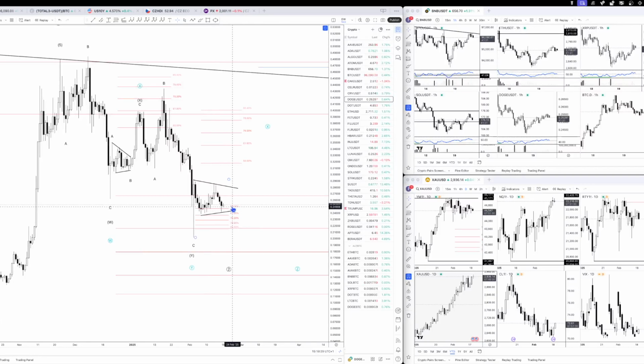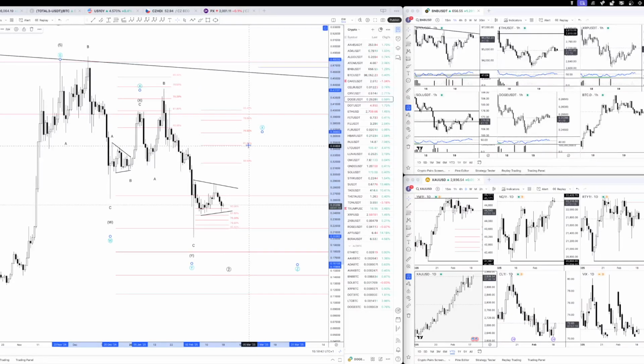So should this theory, because it's only a theory, be correct, then you would expect the price to start forming a B wave for this X wave. And you would look for price to reach 61.8%, 70.2%, somewhere around there.